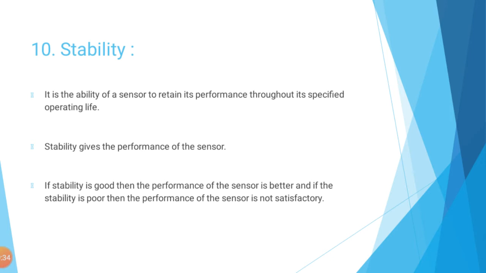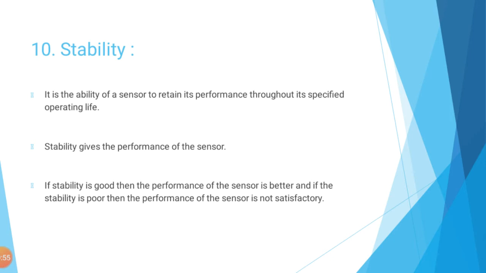That is the stability of the sensor. There is no fluctuation in the output of that sensor. That is the stable output. This is the stability characteristic of the sensor.